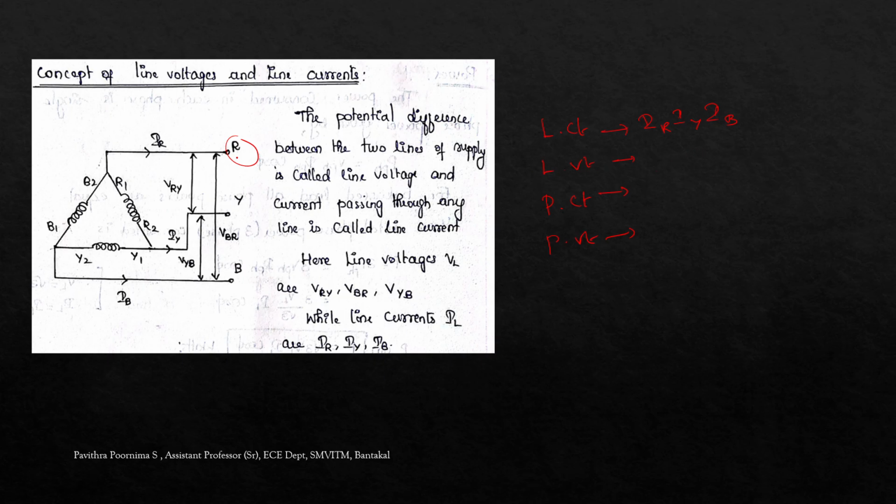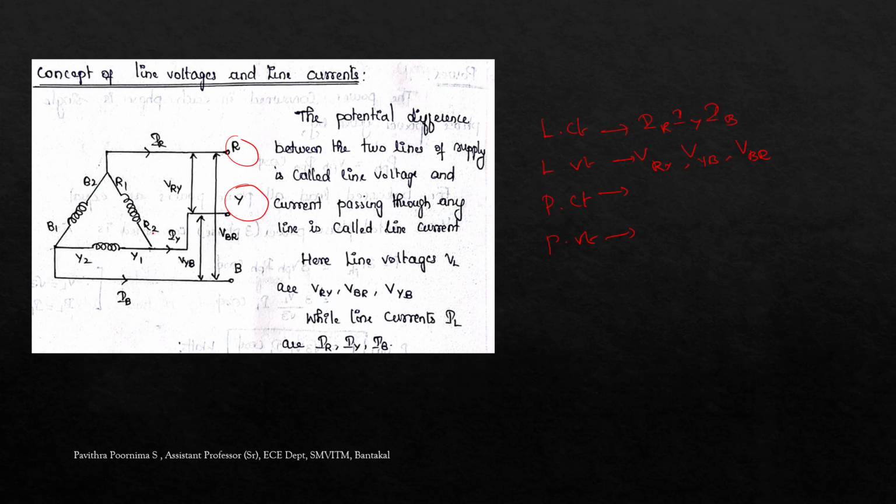And the line voltage is the voltage between the lines: between R and Y, VRY; between Y and B, VYB; and between B and R, VBR.